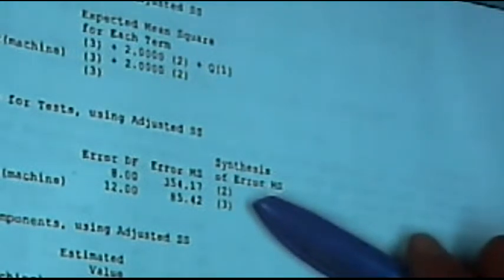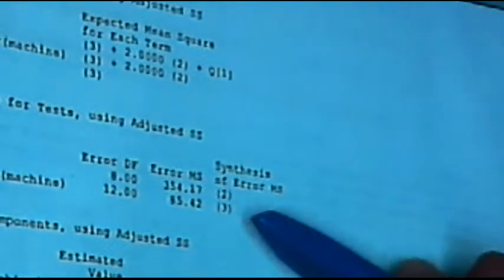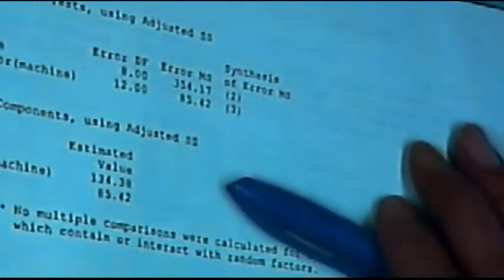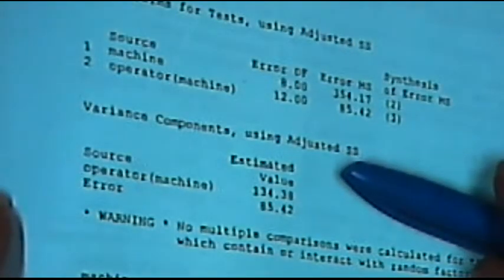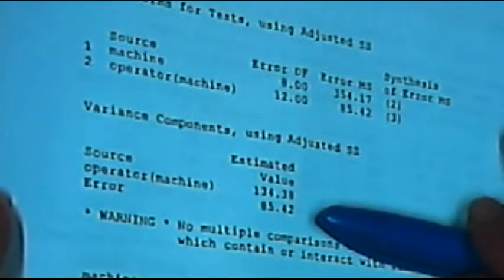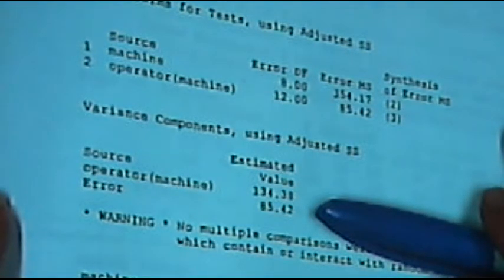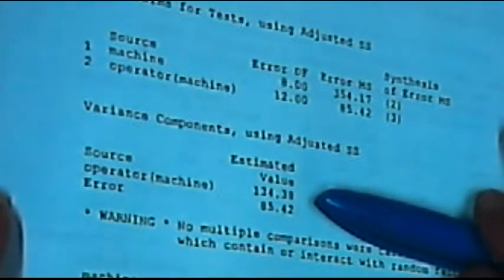Then it tells us which error terms did it use for the tests, and so we can check it out, and it's visible up there as well. Then if we want to estimate the variance components using adjusted sums of squares, we have operator is random, and error is random.